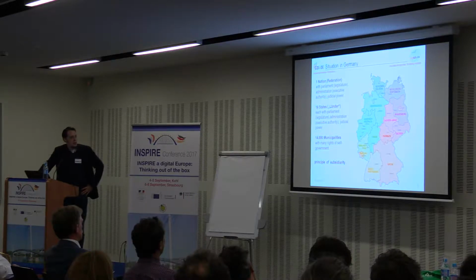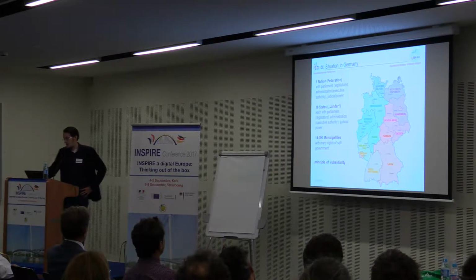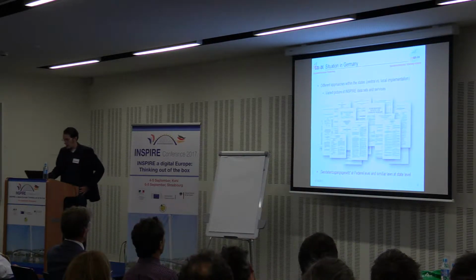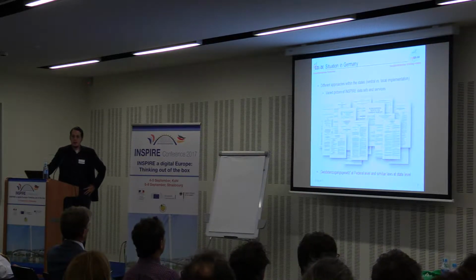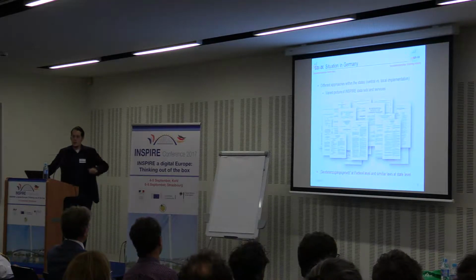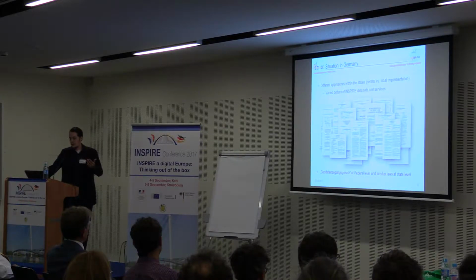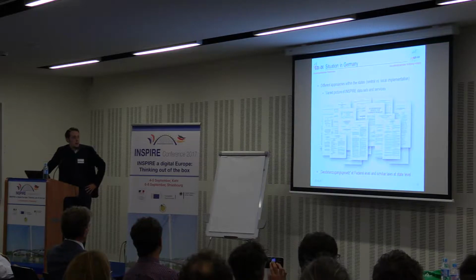Within these Bundesländer, we have more than 14,000 municipalities, and each municipality, each data owner has to deal with the situation mentioned before. So the tricky situation is that each federal state in Germany has its own implementation of the Inspire directive. There is one national law, but the federal states have their own laws as well, because this is done by the states. It's not done by the nation.